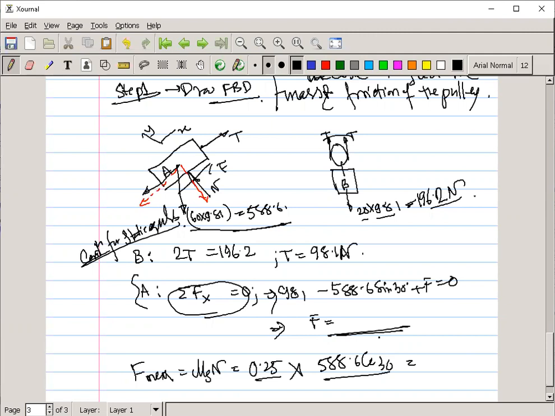How much is it, student? 0.25 into 588.6 into cos 30. How much is it?